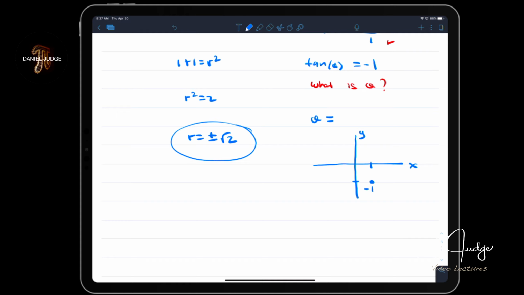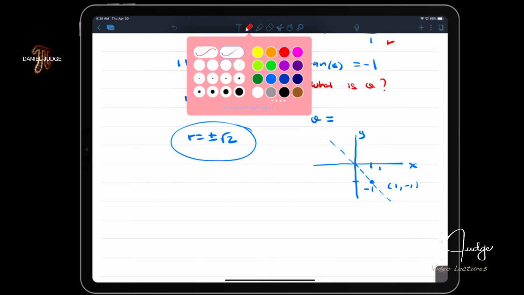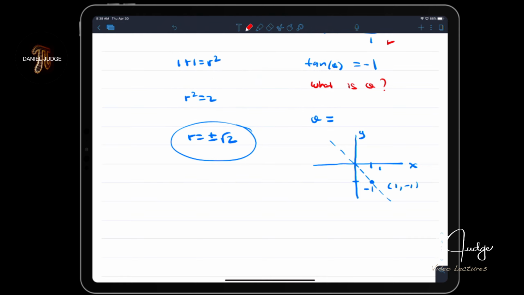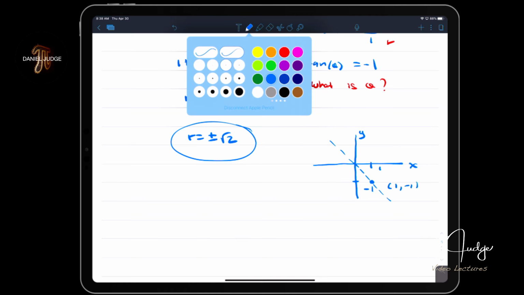So here's x is 1, y is -1. Here's how we can think of this angle, right? What angle do we get there? What's theta? Isn't that -π/4? Let's write it down.